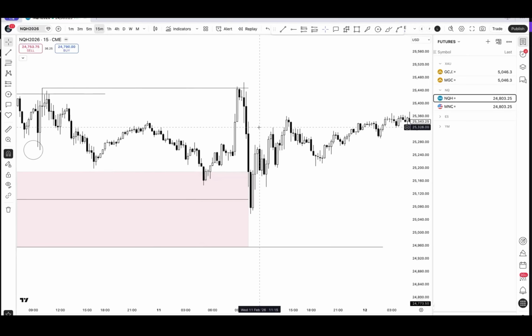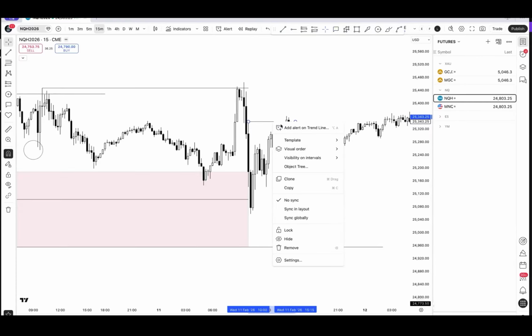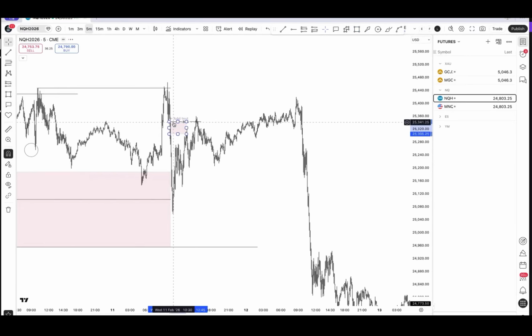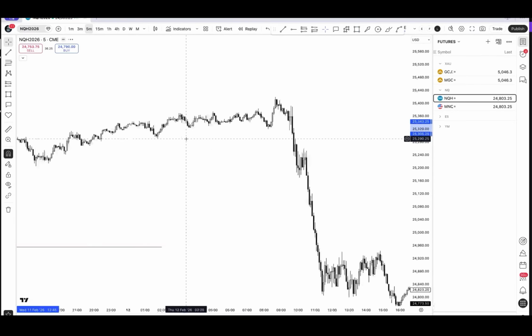So this is what we get. As soon as I see this price action, BOS in the market. Why BOS? We also had a build up at this area. Let's look at it to make it cleaner.